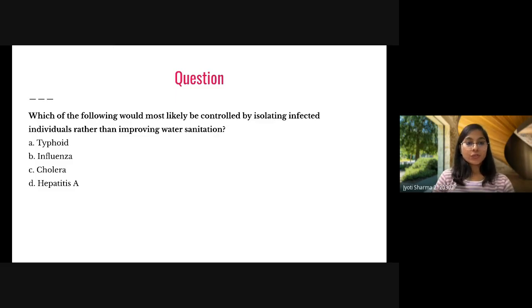Okay, so the next question is, which of the following would most likely be controlled by isolating infected individuals rather than improving water sanitation?